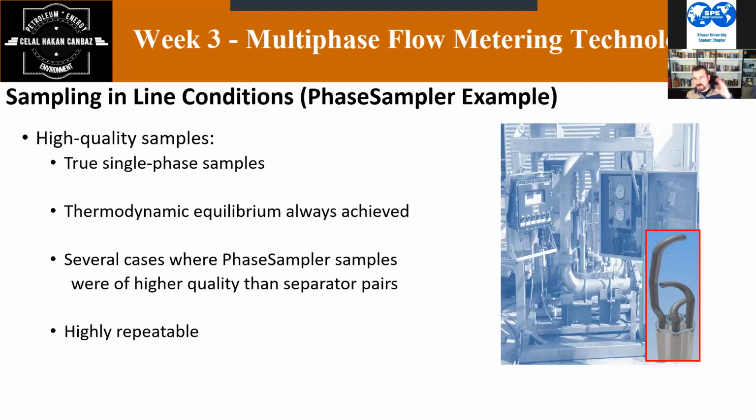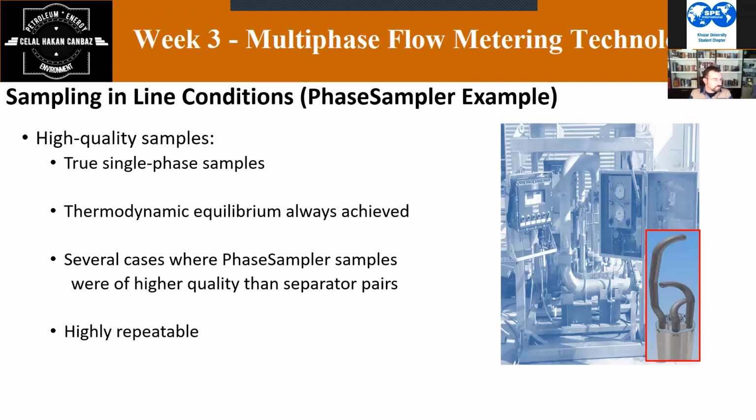I'm not talking about stock tank, of course. When you compare these two, line condition sampling has more advantage because it's closer to your reservoir conditions, in terms of fluid composition.